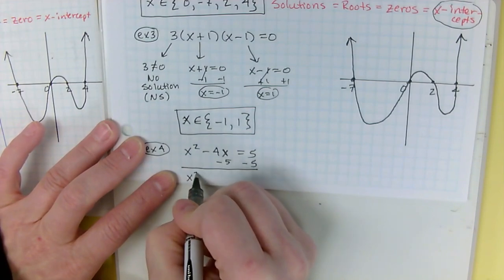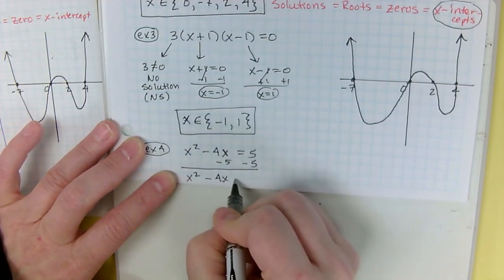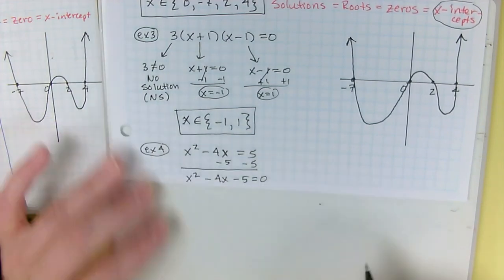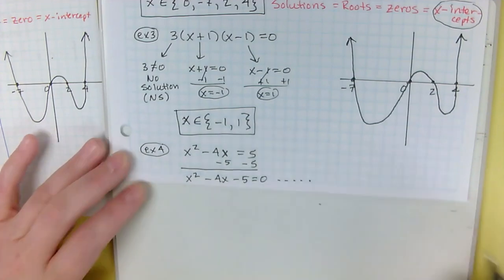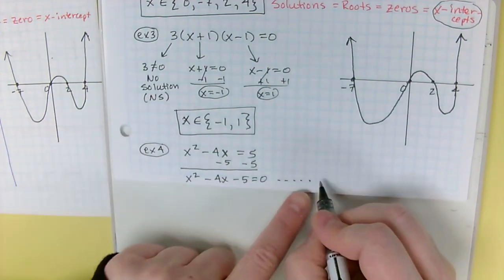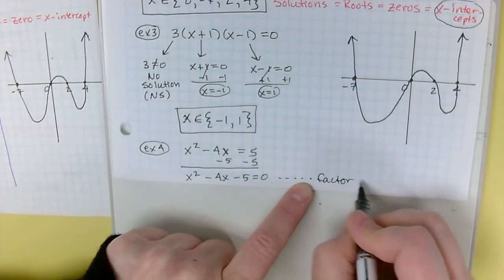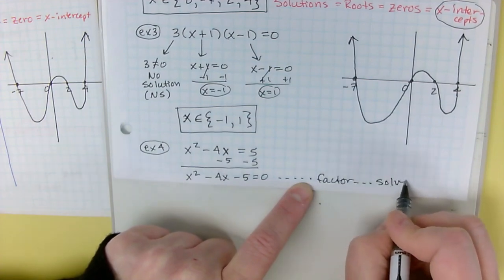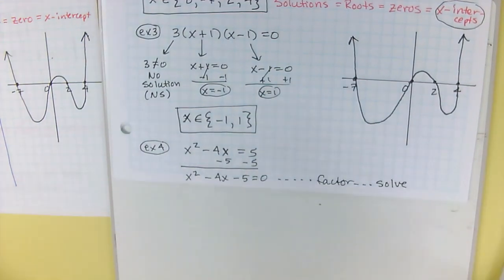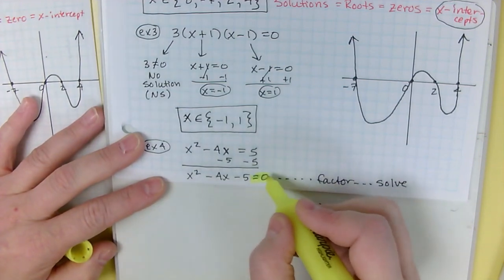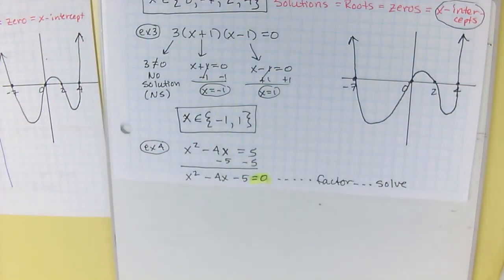That gives us x squared minus 4x minus 5 equals 0. Now you can actually factor and then solve. But you have to get it equal to 0 or we can't use zero product property to solve. So I wanted to put one on just so you can see sometimes you have to add or subtract the terms to one side.